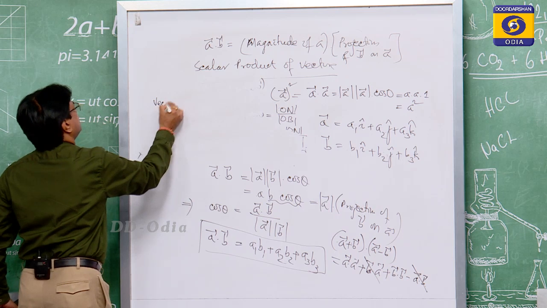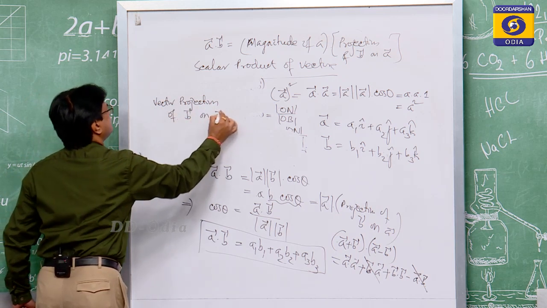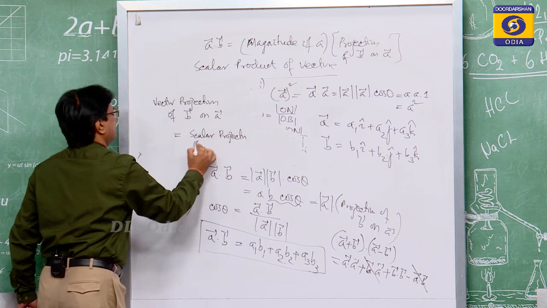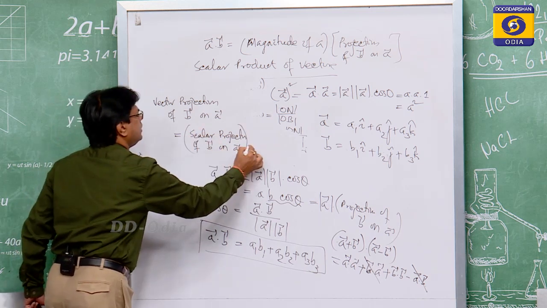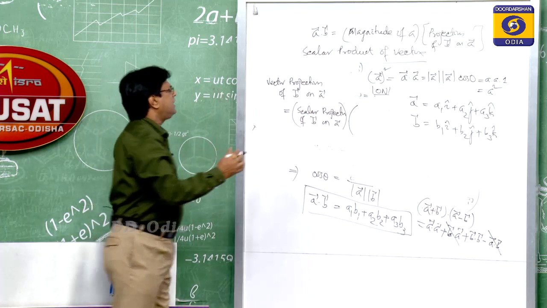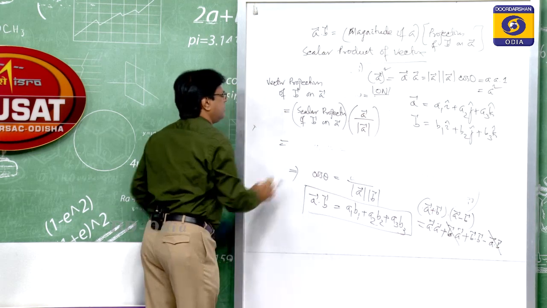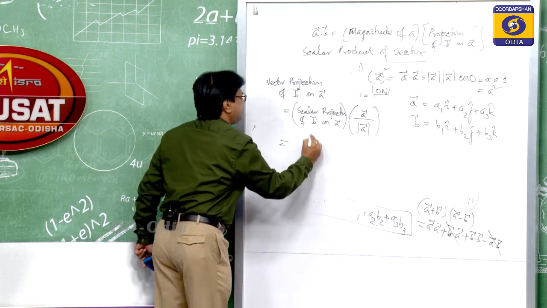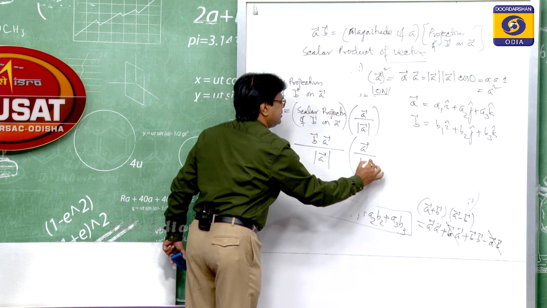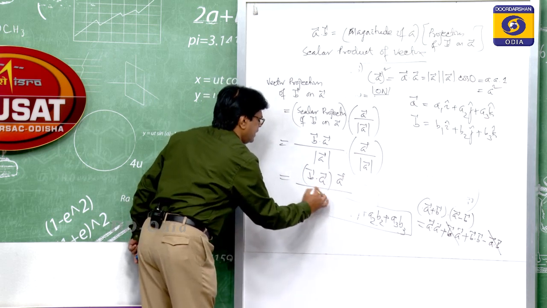Similarly, vector projection of B on A. So, this is your scalar projection of B on A, into the unit vector along A. That is the vector projection of B on A, not A on B. The scalar projection of B on A is B dot A by the magnitude of A, and into A vector by the magnitude of A. So, this is nothing but B dot A into A vector by magnitude of A squared.